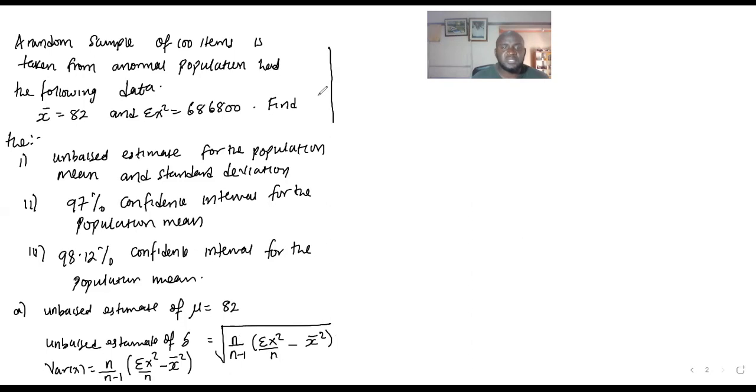So can we substitute? Sigma for the unbiased estimate can be found from the square root. The random sample was 100, so we shall have 100 out of 99 into 686,800 over 100 minus 82 squared.